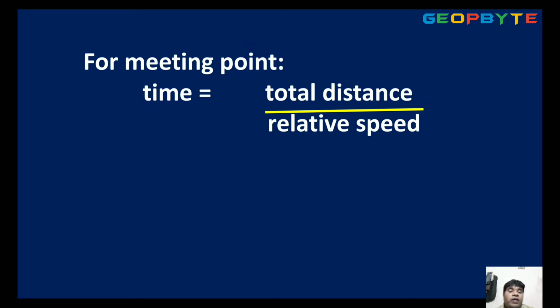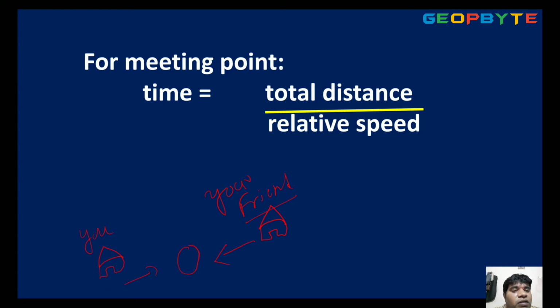Very important point, already I told you: 99% of problems are crossing, only 1% chance for meeting. Suppose what is meeting? Suppose your house and your friend's house. You both are walking in opposite directions.